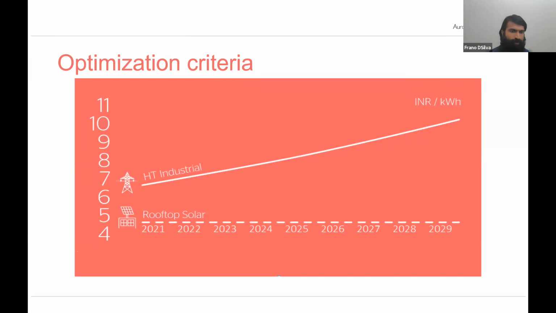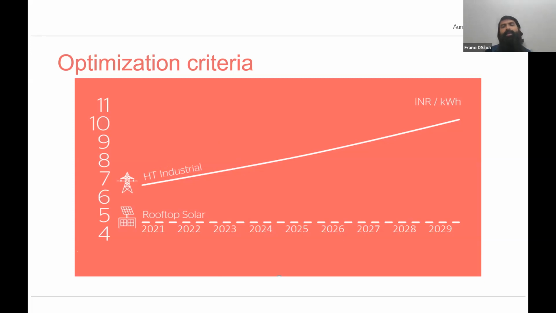One is the rooftop solar, where we find the rooftop solar generation cost to be between 4 rupees and 5 rupees per kilowatt hour, while we compare it with the HT industrial tariff, that is 6.35 rupees per kilowatt hour.